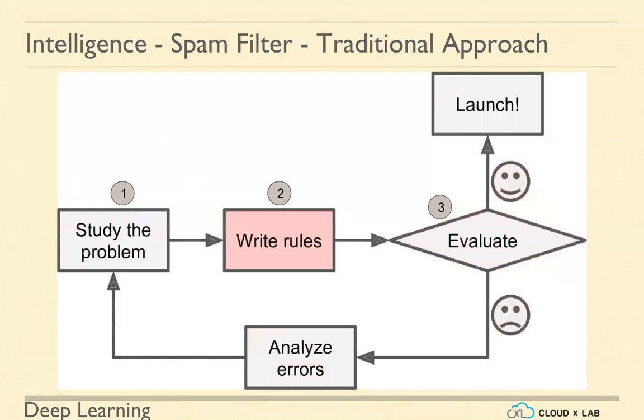Okay, classically, this is how we did it. We looked at a problem, we wrote the rules, then we evaluated those rules. In case it is successful and the evaluation is good, we launch it. Otherwise, we go back, analyze errors, and then again study the problem.